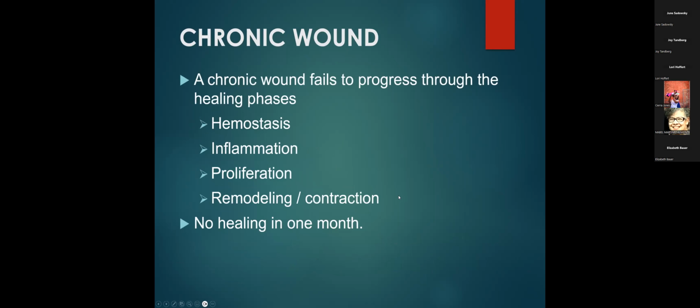So a chronic wound is one that fails to progress through the healing process, which involves hemostasis. There's an inflammatory phase, and then there's a proliferation phase, and then remodeling, and importantly, contraction. And I basically want to emphasize the idea of contraction because sometimes when we assess wounds, they appear to be getting smaller, and that would be true, but that is through the contraction process of fibrosis.